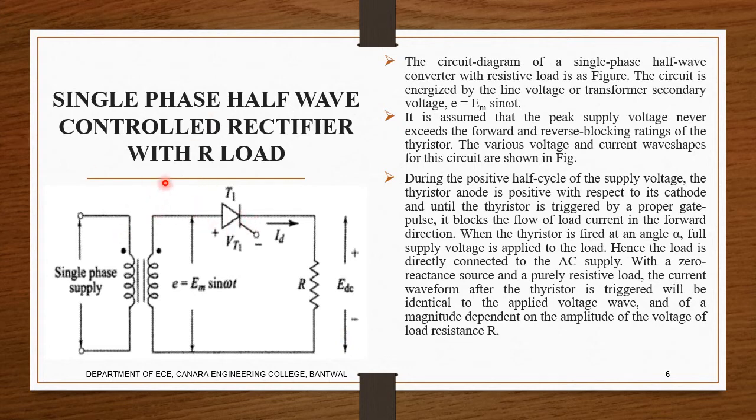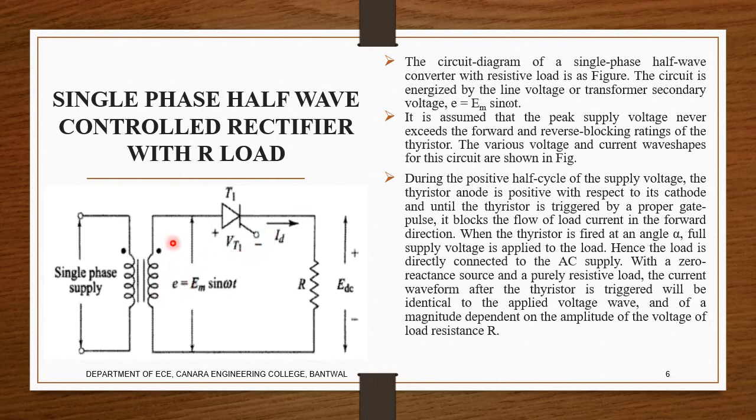The circuit is analyzed with the supply E, where Ea equals Em sine omega t, and it is assumed that the peak supply voltage never exceeds the forward and reverse blocking ratings of the thyristor. So what is happening here?